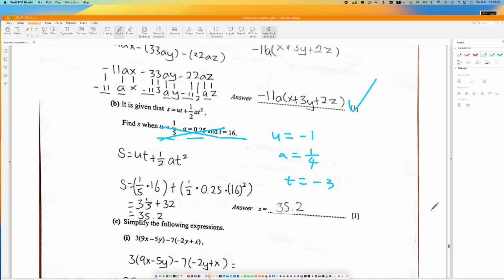我的 t 是 negative 3 8. It's 8, right? UT 嘛。 Sub in correctly or not? I need to check whether you sub in correctly or not.